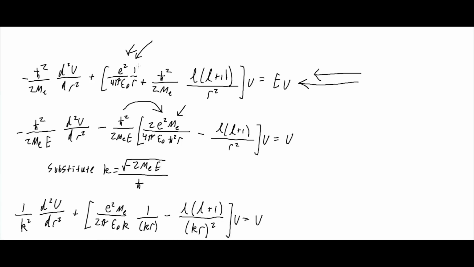So we're going to factor that out, and at the same time we're dividing both sides by this E here. And that's how we end up with this h bar squared over 2m with this subscript e, meaning that we're explicitly using the mass of the electron, and then our big E here, which is the energy.